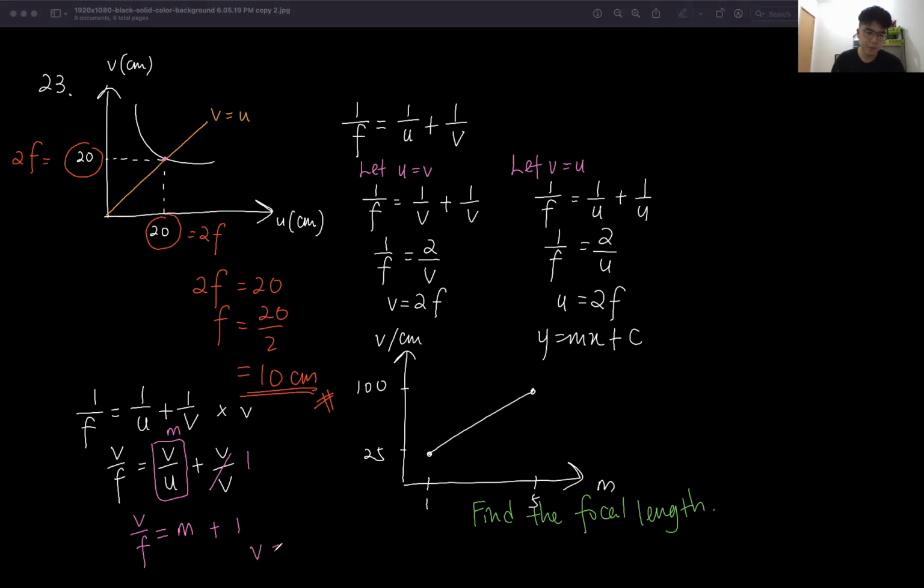So V equals MF plus F. Arrange V equals Fm plus F, compare. Y-axis is the V, X-axis is the M. That means your focal length is either the intercept or you take the gradient. That is the focal length.